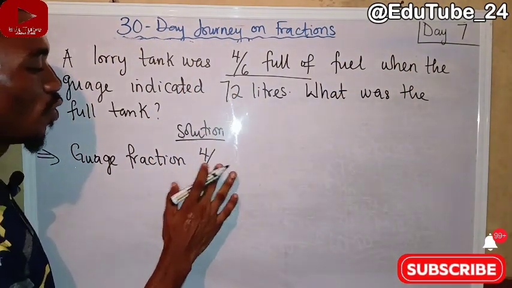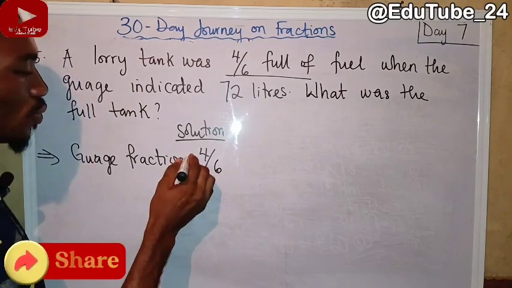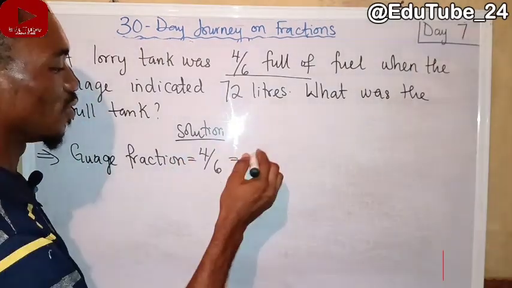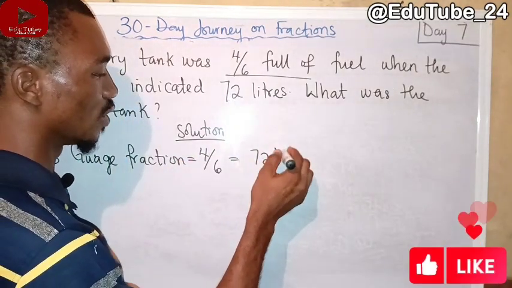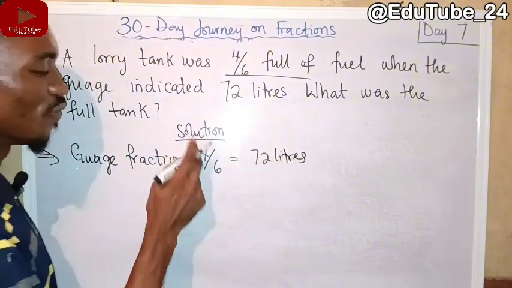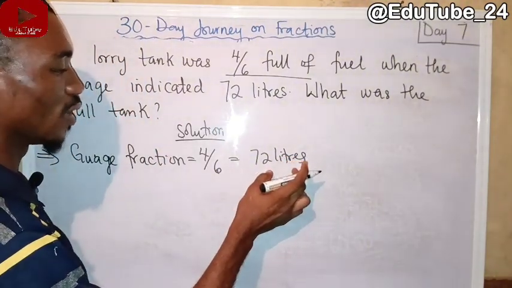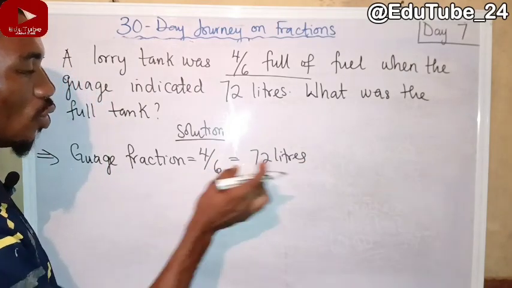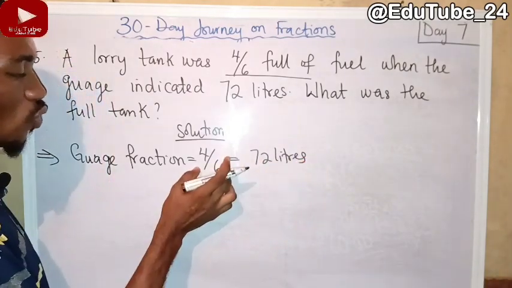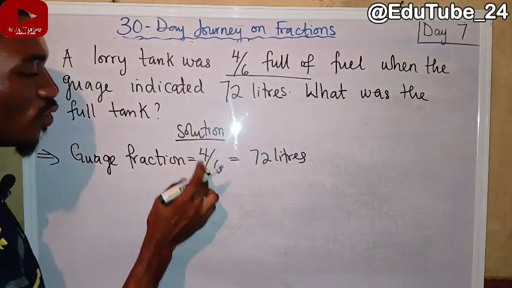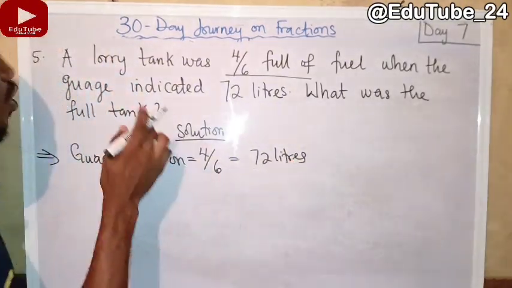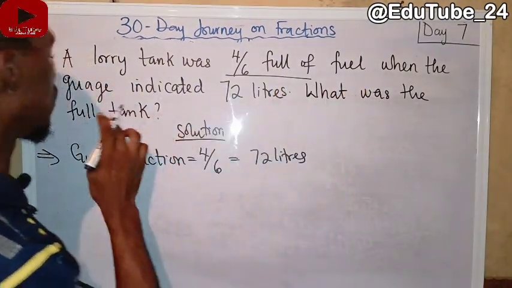That means the 4/6 gauge fraction represented 72 liters. So the 4/6 is a fraction of the full tank, and 72 liters is the amount in the tank when it was 4/6 full. So this 4/6 represented 72 liters. The main question now says, what was the full tank?